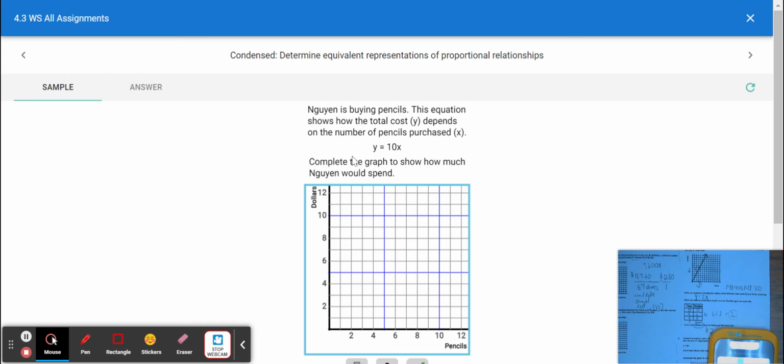This one I'm given the equation. Win is buying pencils. The equation shows how the total cost depends upon the number of pencils purchased. Complete the graph to show how much Win would spend. So y equals 10x means I put my first dot at 0, 0. Now if I could, I would put it at 11, 110, but I can't. I have to come down here.